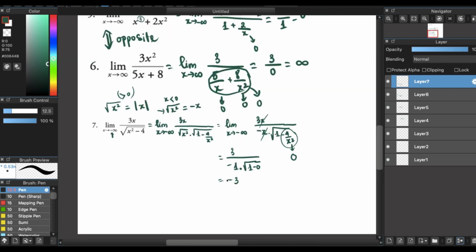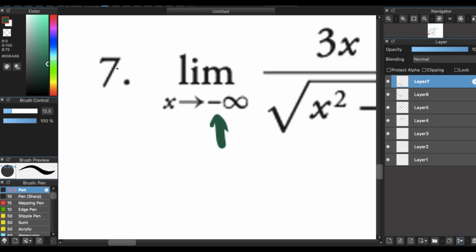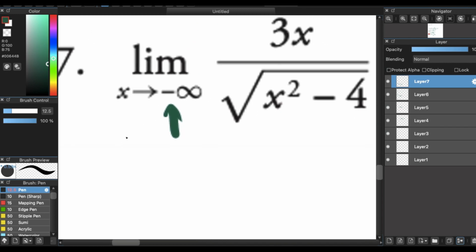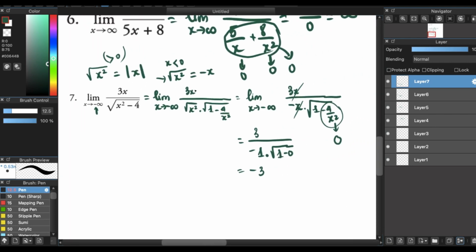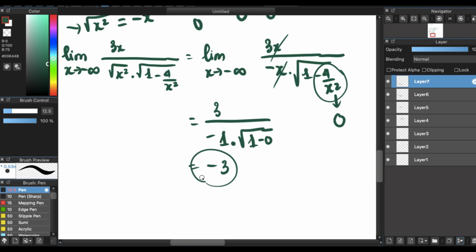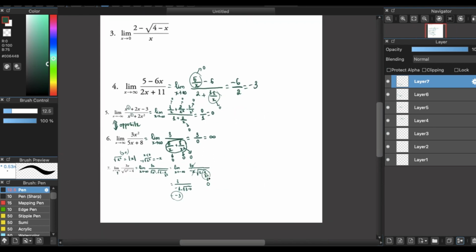It's minus 3. So this is when you have to pay much attention to the minus symbol here, because it will affect your answer. We gotta be cautious, guys.